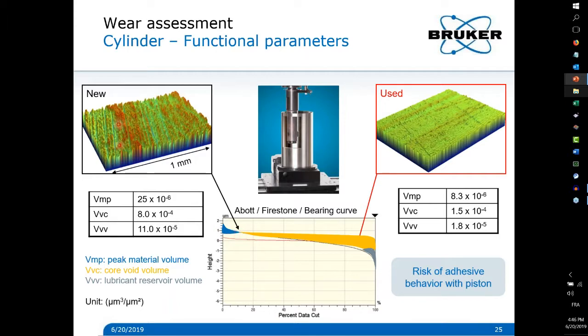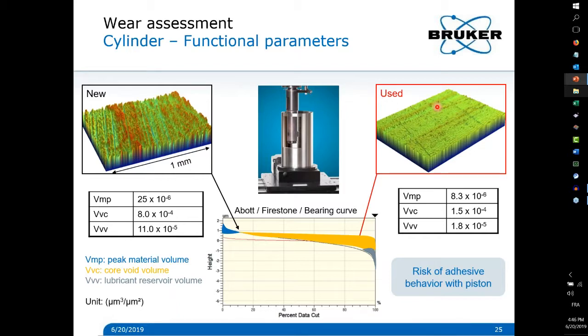Also, even though we are not valuing a lot of peaks, at some point we want the piston to nicely slide across, so we want to minimize the contact area between this piston and the cylinder wall. If we see that this VMP starts to decrease a lot, we know the contact area will increase, and then there is a risk of adhesive behavior with the piston.